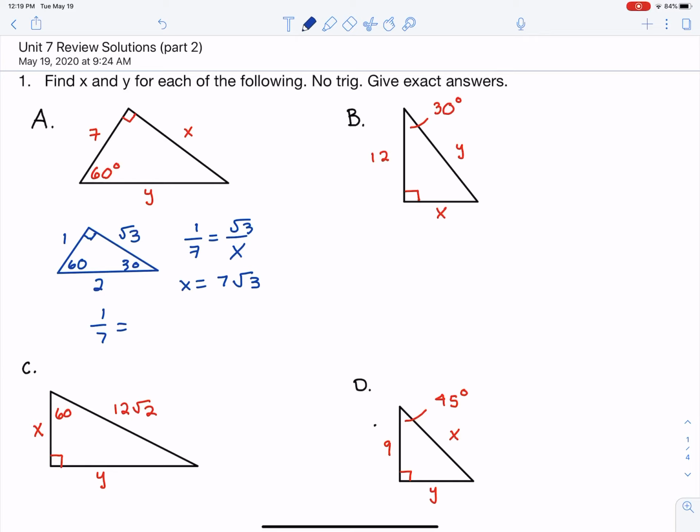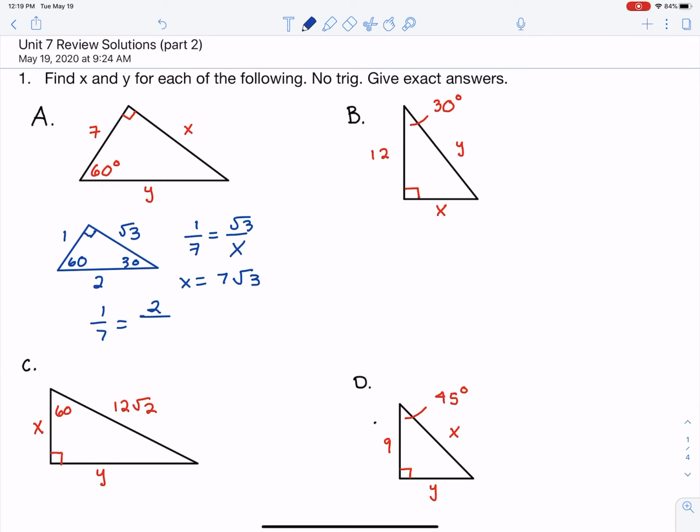Short side is to short side, as hypotenuse is to hypotenuse, as 2 is to, what is the other hypotenuse? y. So solving this, we get 2 times 7 is 14, which equals y. Okay? So our two values are x equals 7√3 and y equals 14.